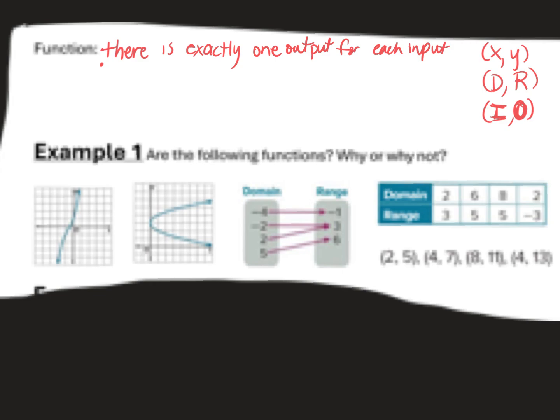Another way is each element of the domain is paired with exactly one element of the range.